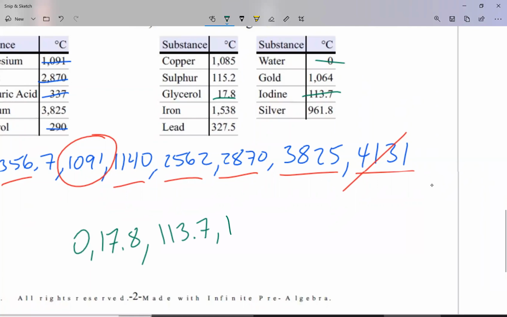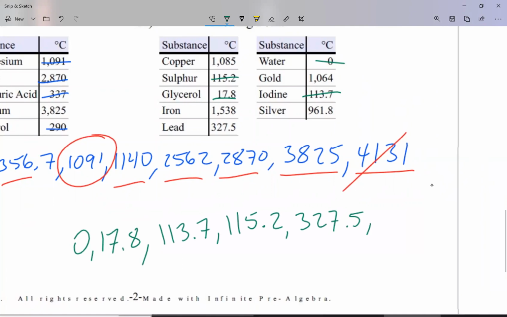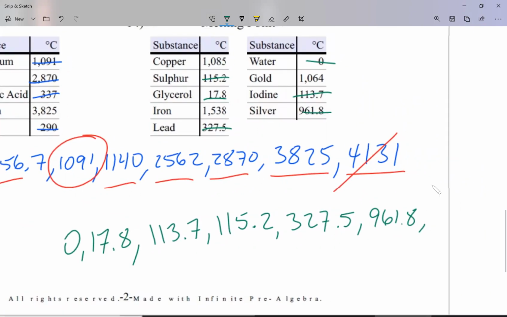And then it's 115.2. Then my next number is 327.5, 961.8. Remember, I'm going from small to large.